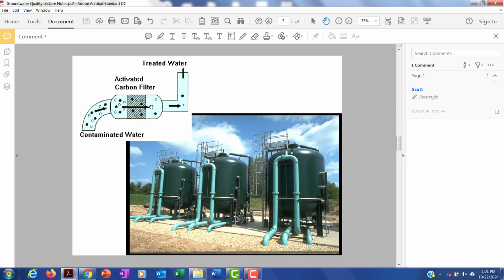Why is this important for groundwater? If you have a contaminant that's organic, it won't dissolve that much in the water, and if it does get released to the ground, and it does filter through and percolate through the vadose zone, remember that? As it percolates through the vadose zone, well, sure enough, there's organic matter in the soil, and so the soil acts just like this carbon filter.